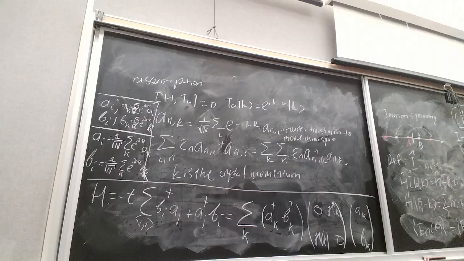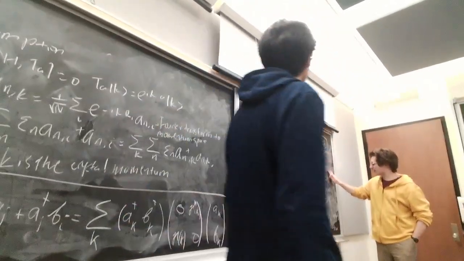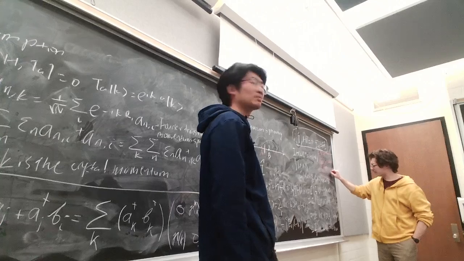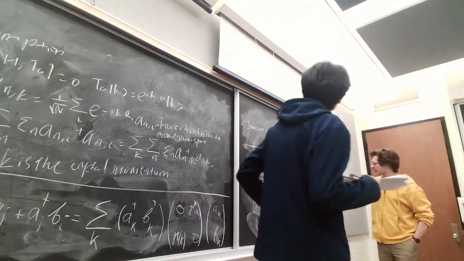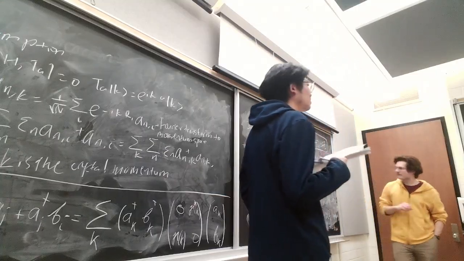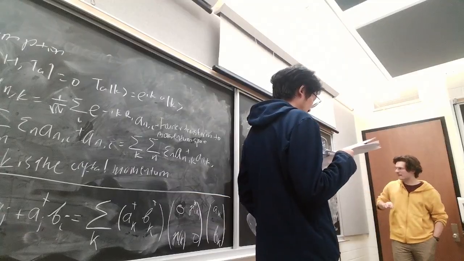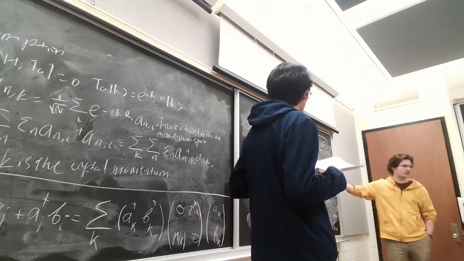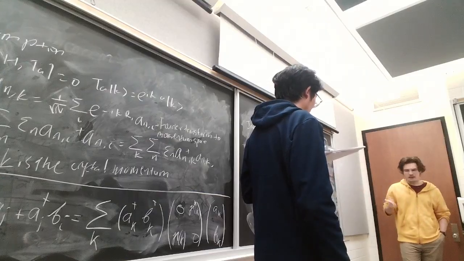If I apply it on the other side, I'll have H I applied to K, which is H applied to minus K, and that is equal to E of minus K applied to minus K. Do you agree? But this side has to equal this side. So I get that E of K has to equal E of minus K. That's it.